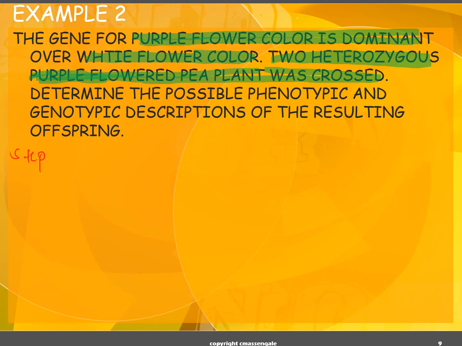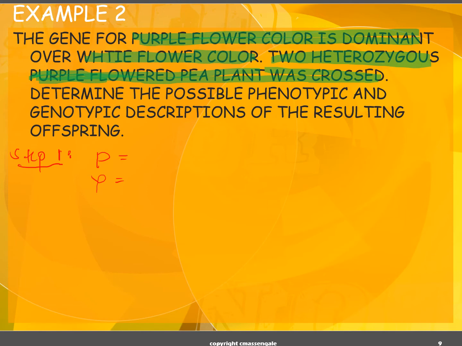So step number 1, we will again assign a letter legend. So in this particular problem, we will still use letters P, capital P. Ayan, so capital P, and let's use small letter p. So sila pa rin. So again, capital P will be assigned for the dominant trait and small letter p will be assigned for the recessive trait. So purple flower color is dominant.